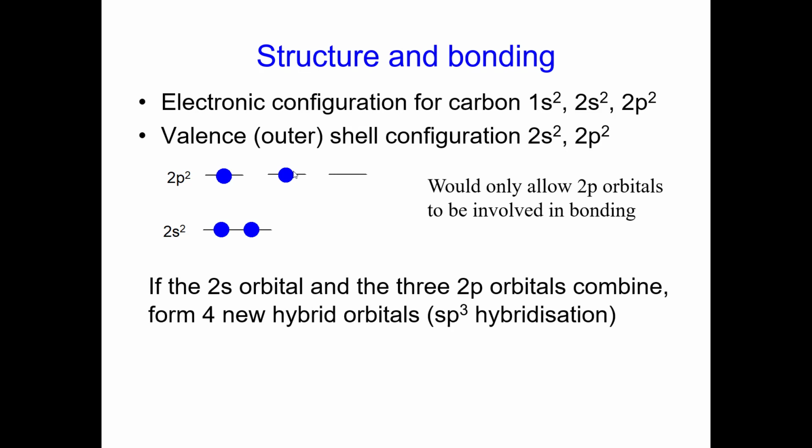So I'm hoping you may have heard of sp3 hybridization. And by hybridizing them, so combining your s orbitals and your p orbitals, we will generate 4 equivalent orbitals that are all of equal energy and all available for bonding.